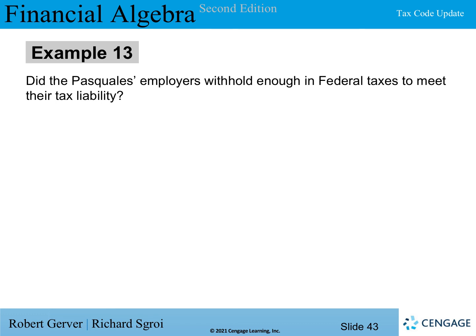Now we're going to determine whether or not they had enough money withheld from their paychecks. Okay, if we go back to the W-2 forms, we can see that their employers withheld certain amounts of money for income tax, and we're going to see whether they withheld a sufficient amount.